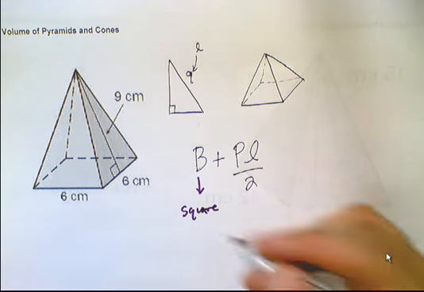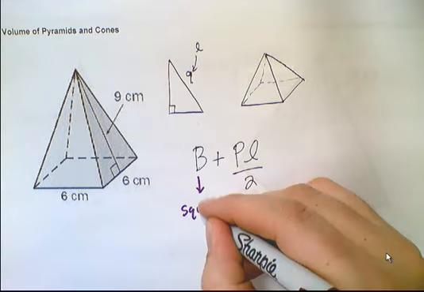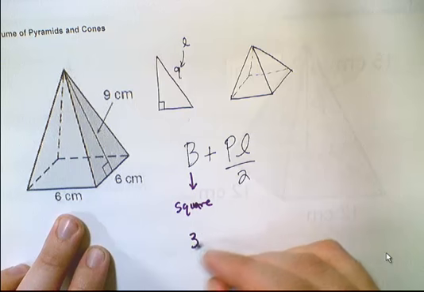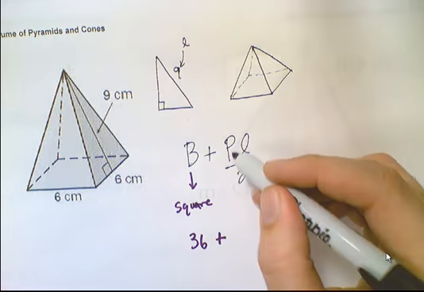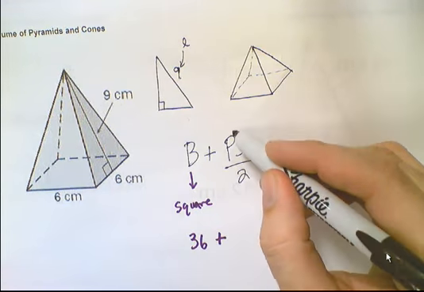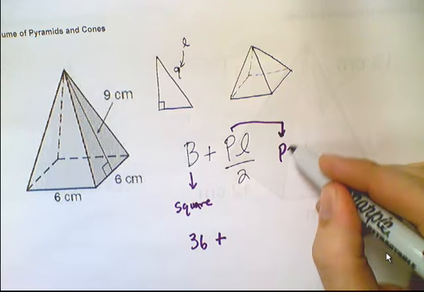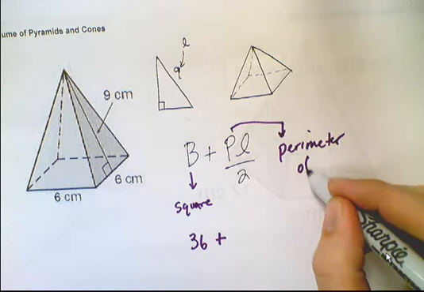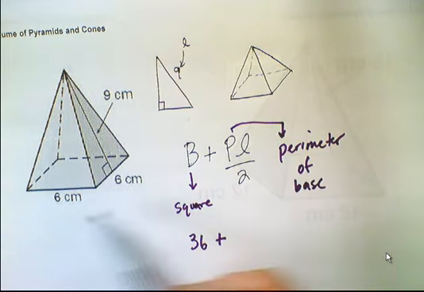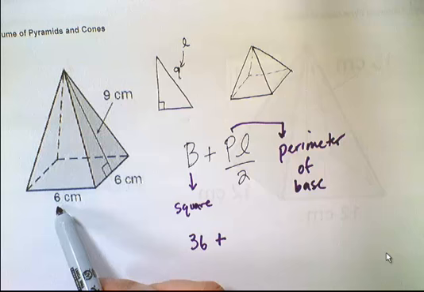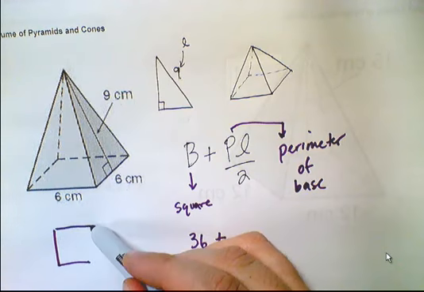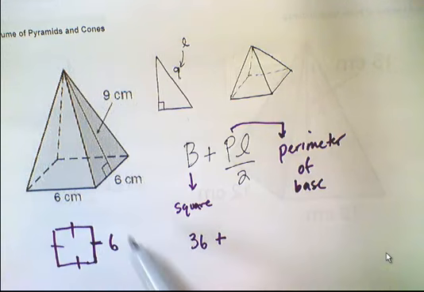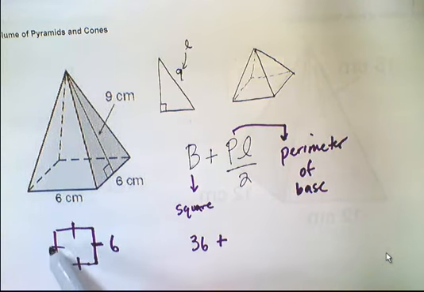So area of a square, 6 times 6, 36, plus p is the perimeter of the base. Well, we have a square with all sides measuring 6, so each side is 6. 6 plus 6 plus 6 plus 6.